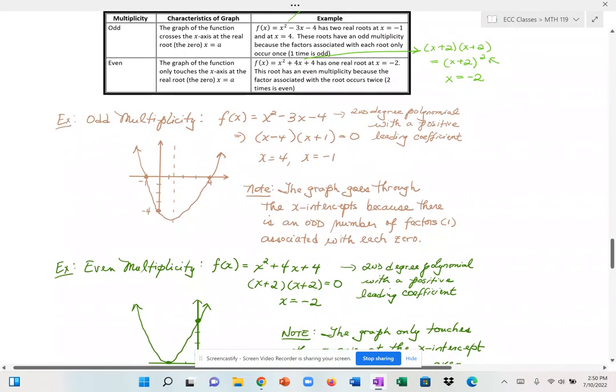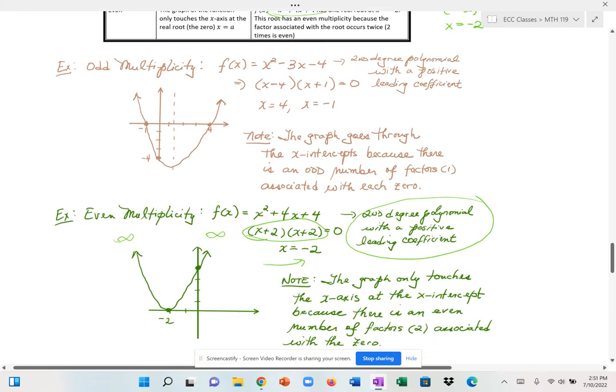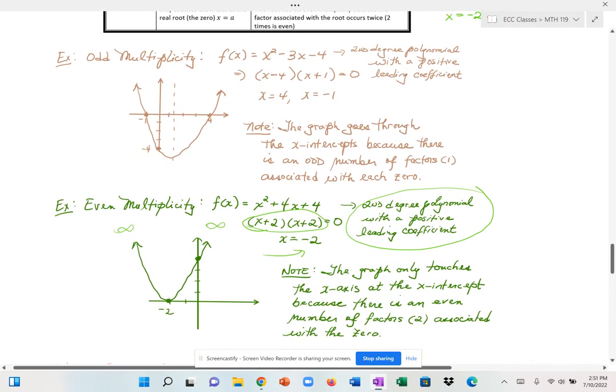For the next example, the same one I had here, you get x plus 2 and x plus 2. That means I have the same factor twice. So -2 is an x-intercept. It's also a second degree polynomial with a positive leading coefficient, so it's also rising left, rising right. But instead of going through -2, it basically just touches it at -2 and then continues going back up.